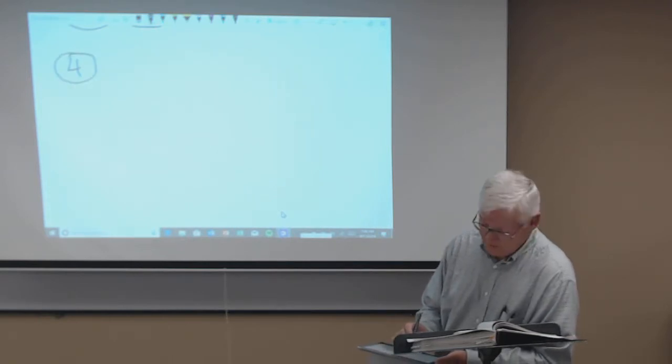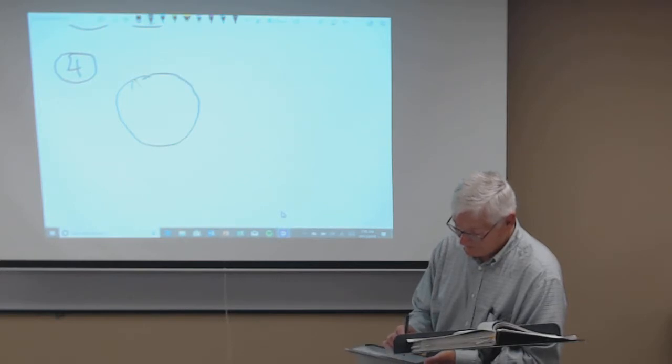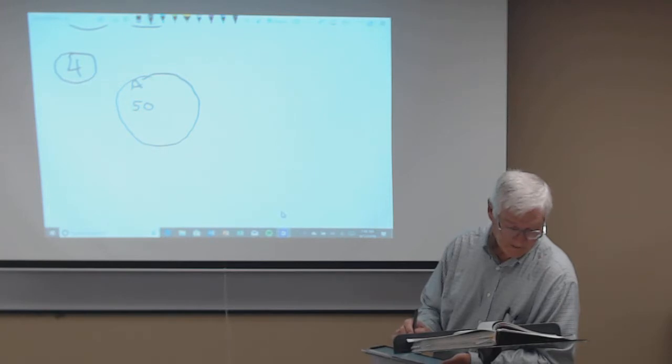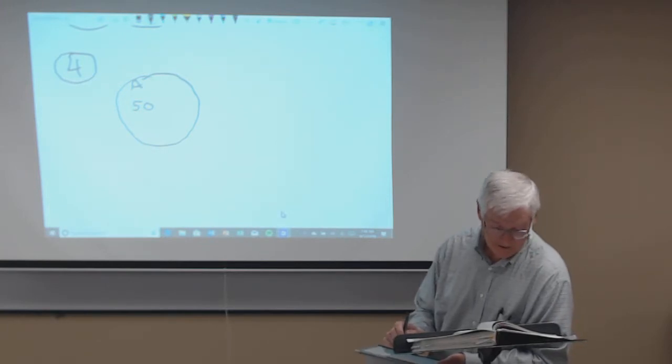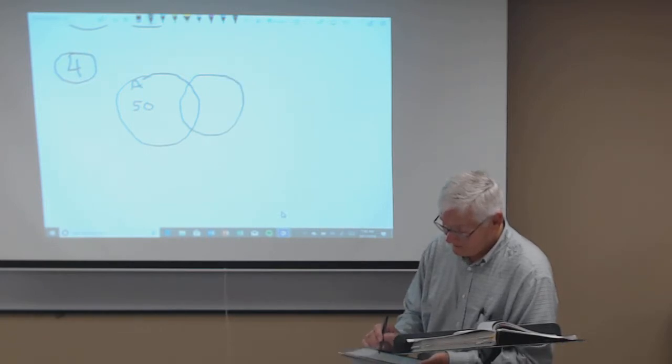Number 4. There are 50 students in algebra, so I draw a big A and put 50 in here. And 30 students in chemistry, so I draw a big C and put 30 in here.